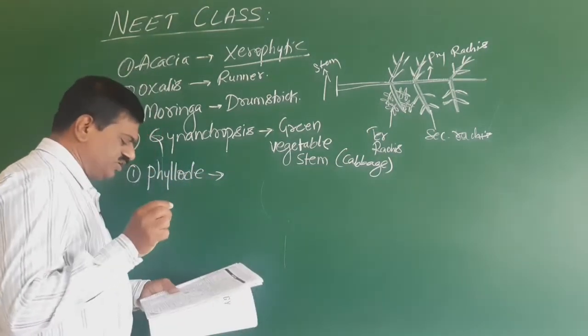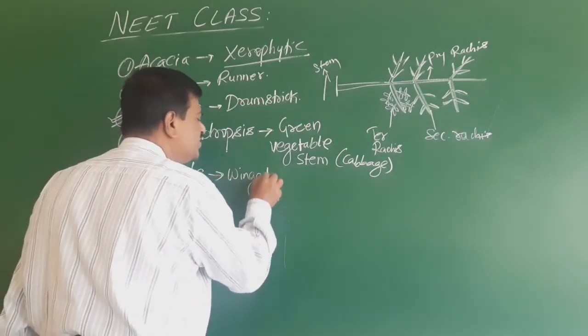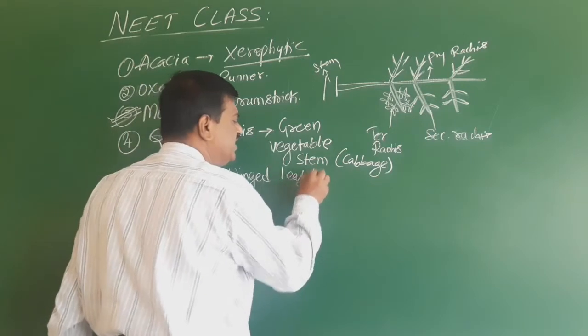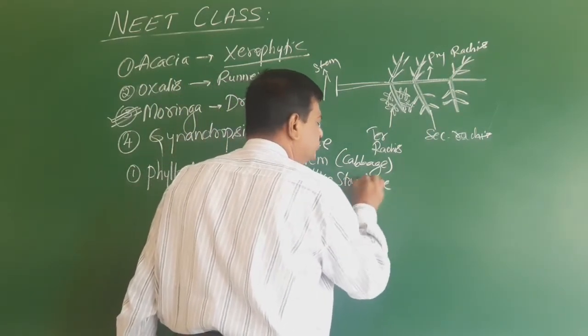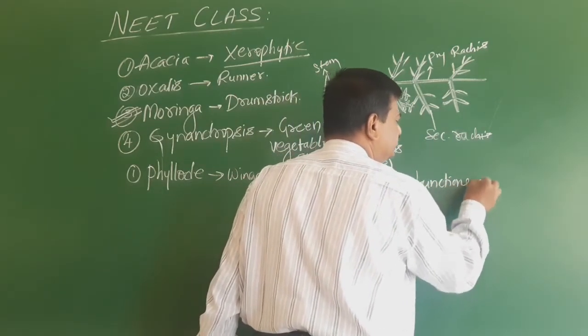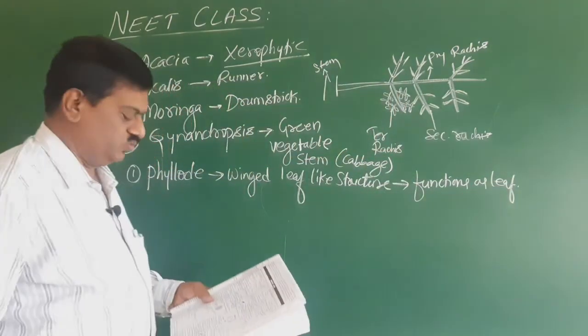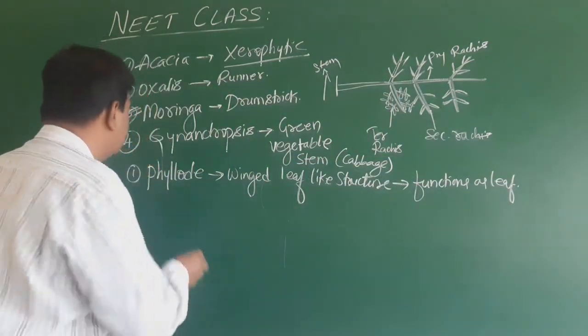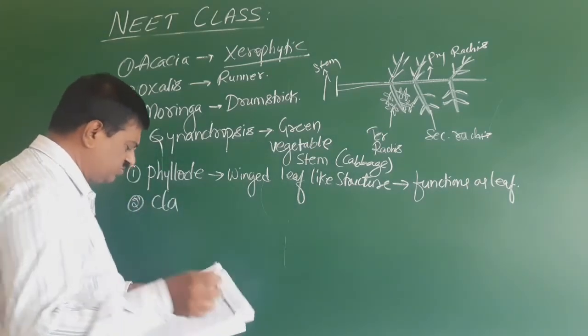So this is the first option, phyllodes. So this phyllode is nothing but a winged leaf-like structure, but it functions as a leaf. This is called phyllodes. So we go for the second one, cladode.